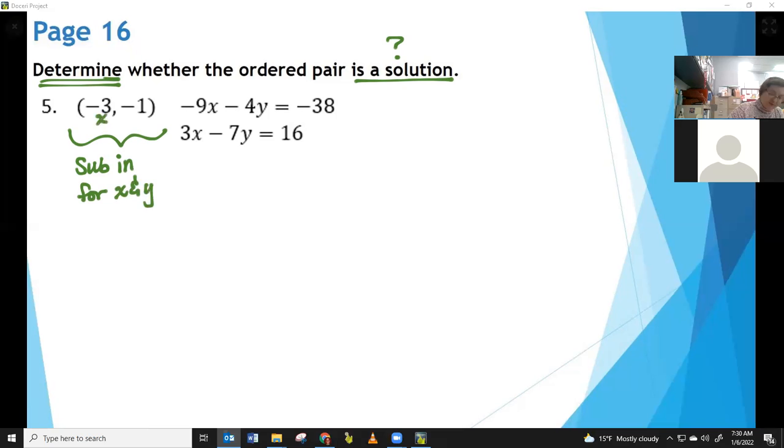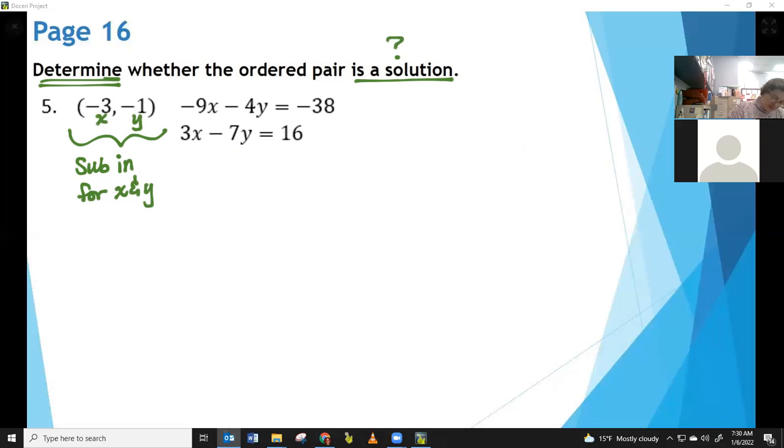So I'm going to put the -3 in the place of x. I'm going to put the -1 in the place of y. It has to work in both equations, or else it is not a solution. If it works in the first one, but not in the second one, it's not a solution. It has to work in both.